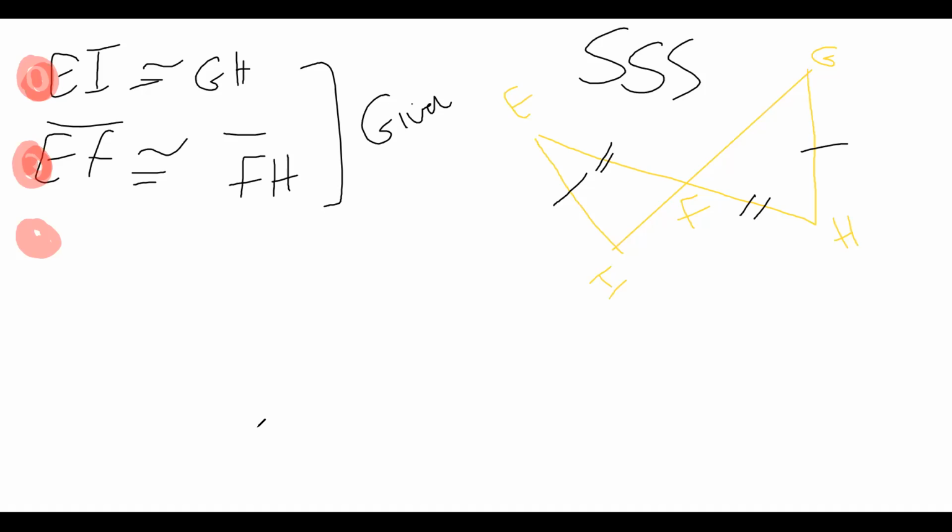Okay, you will say that IF is congruent to GF. Why? Because F is the midpoint. Because it's the midpoint, it will cut the line into 2 segments which are equal.